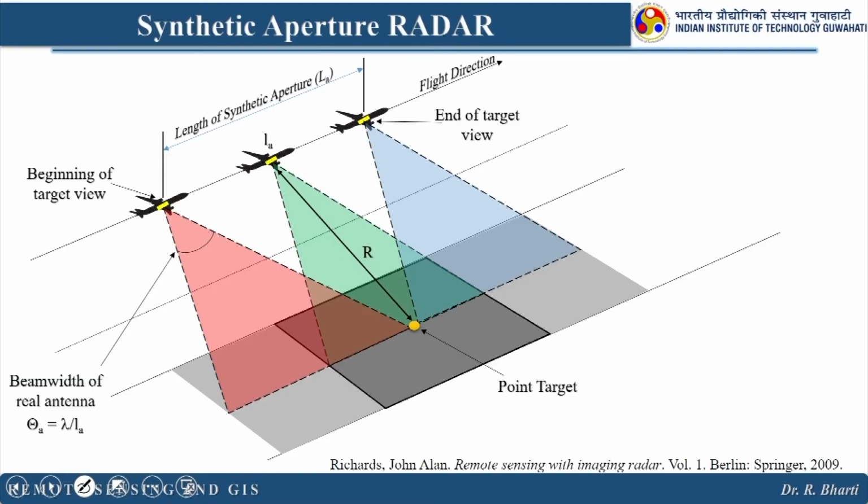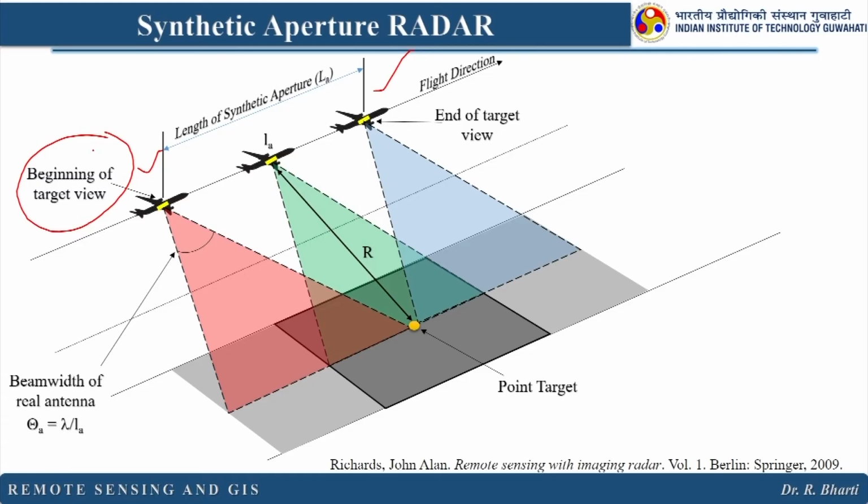Now in this slide, I want to explain how synthetic aperture radar works. Here you can compare the first position and the third position; the position has been shifted. So what is happening here? This is the beginning of the target view.